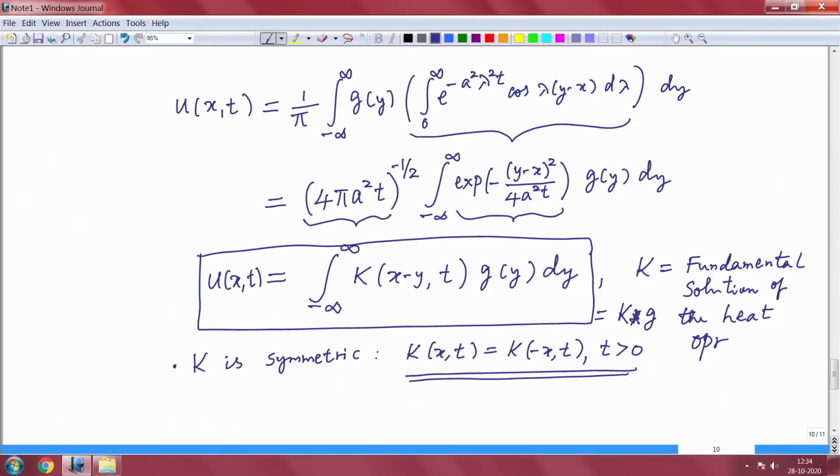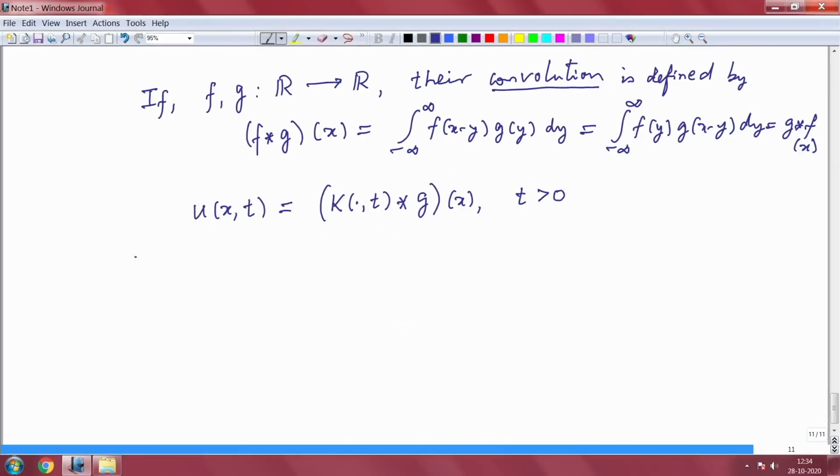So, now, we obtained this formula by assuming several steps in between, but the final formula is very neat and it makes sense, for example, if G is bounded, because of the exponential factor in k, u is well defined.